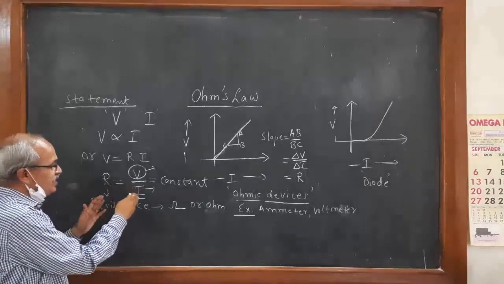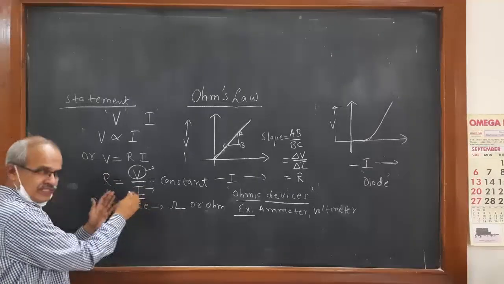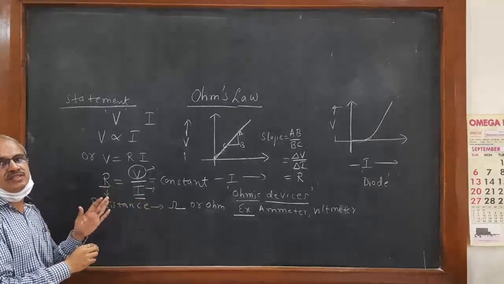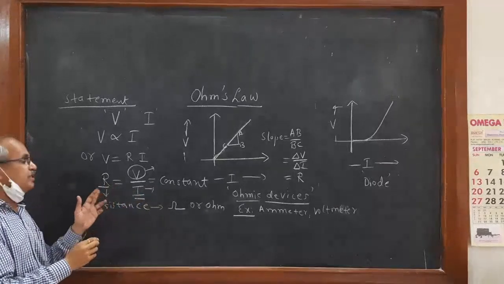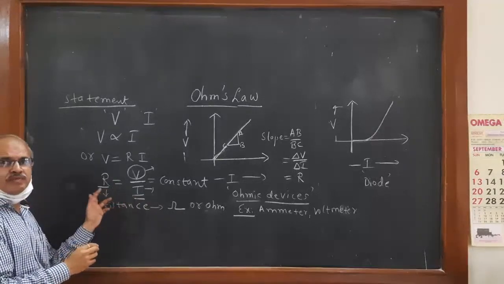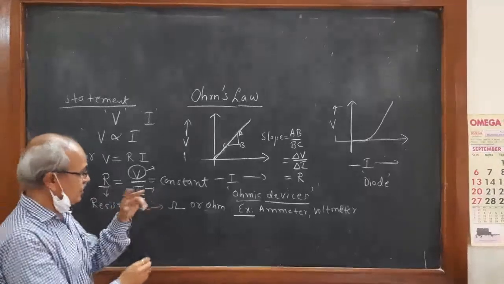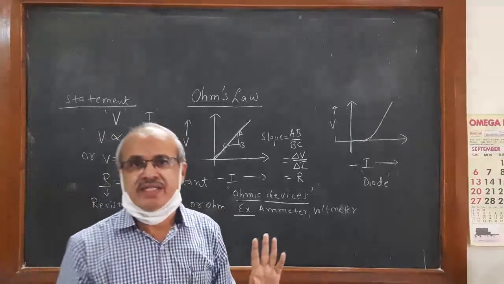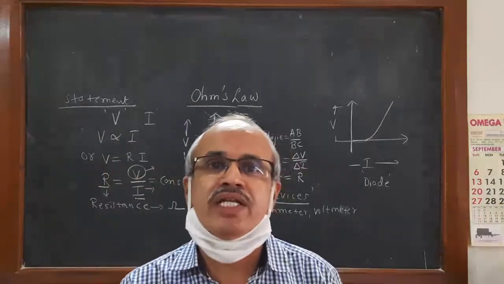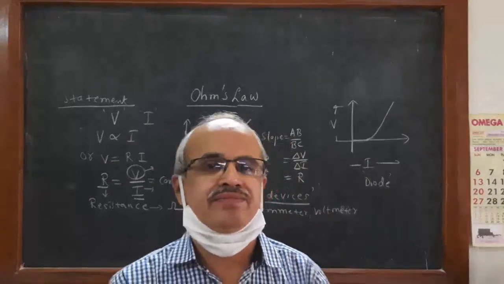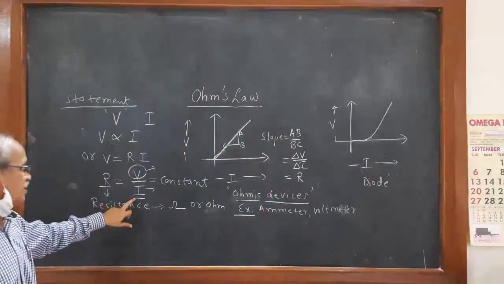Suppose you want to decrease the current. If you decrease current, resistance increases. Both are inversely proportional to each other. So you must know that for constant voltage there is an inversely proportional relation between resistance and current.